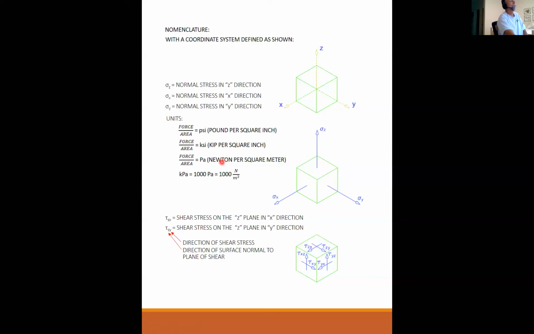I forget what it was in terms of pounds, like 1 newton is half a pound or something like that, but it's not a whole lot. So imagine 1 pound over a square meter. That's not a lot of pressure. That's very, very little pressure.